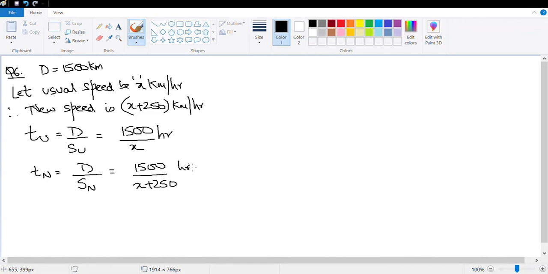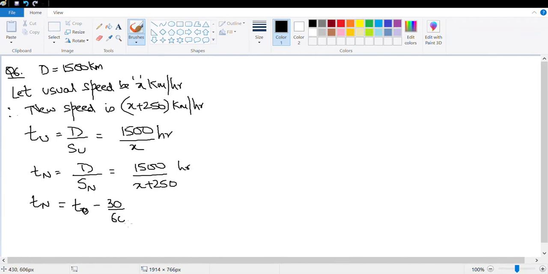So how late did he start? 30 minutes, which means the time taken in the second case is lesser than the time taken in the first case by 30 minutes. Perfect. So time taken in the second case, which is new, is lesser than the time taken in the original case by 30 minutes.